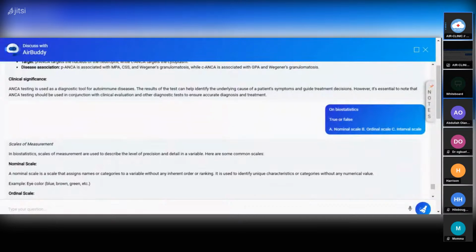We answered the question about GIT earlier, about Meissner's plexus and all that, but this one has a tiny twist. About the GIT, option A: Meissner's plexus is aganglionic, Auerbach's plexus is responsible for secretion, Meissner's plexus is ganglionic.